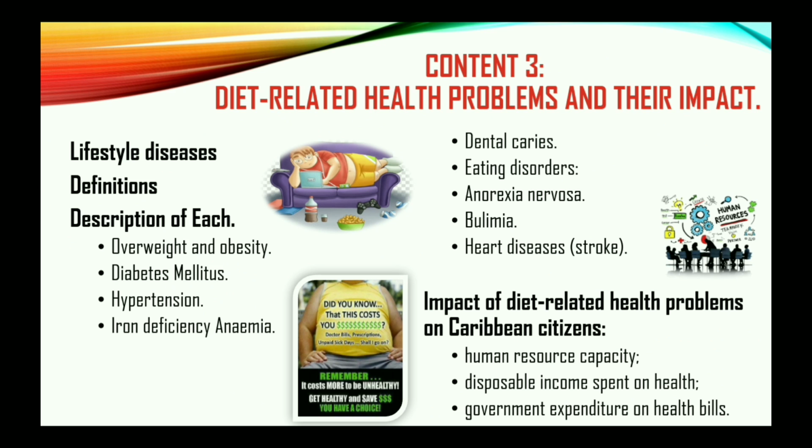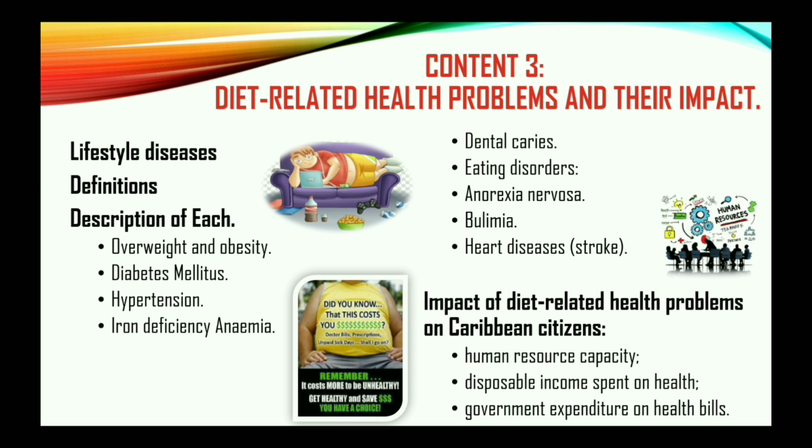Remember, we talk about the National Health Fund here in Jamaica, where when persons have certain diet-related health problems, they are given this insurance so they can get subsidized medication, right? Now, a CSEC exam question may ask you, how is it that dental caries affect the Caribbean citizens?